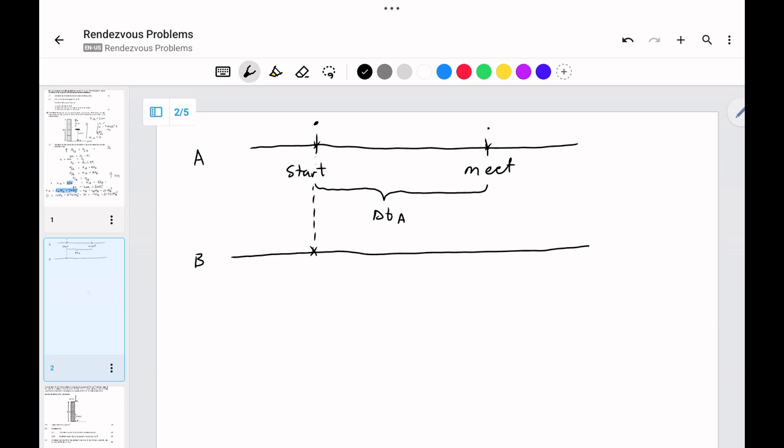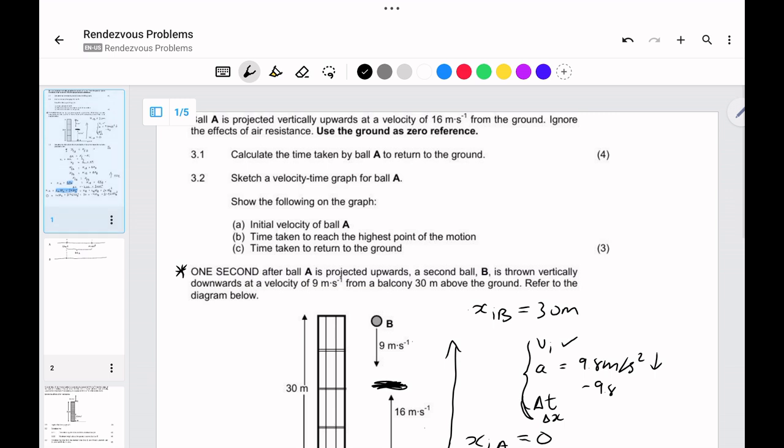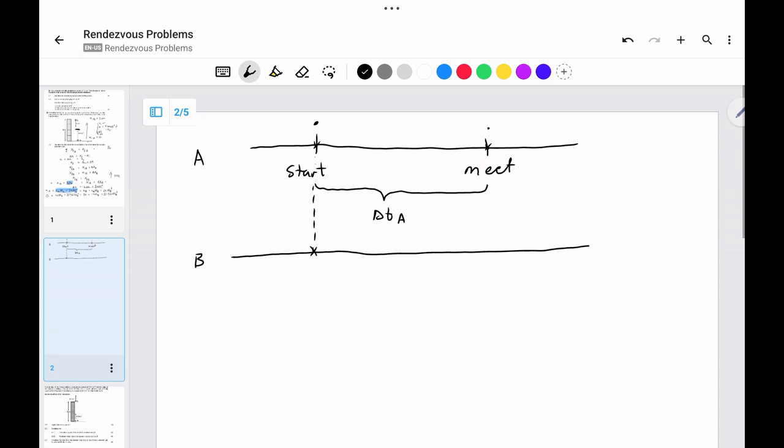Let's just check that. Yes, A is projected from the ground, and B is going to be from on the balcony still. So B is still waiting when A leaves. And then let's say that this is 1 second over here. That's 1 second.